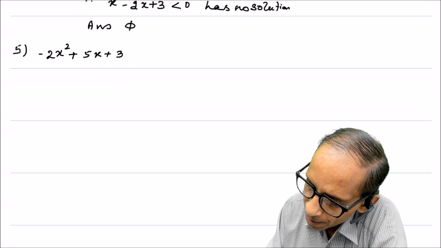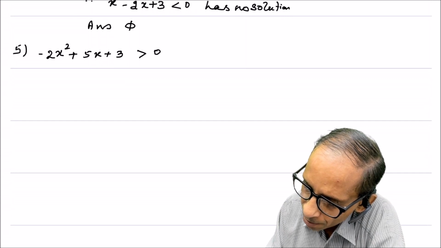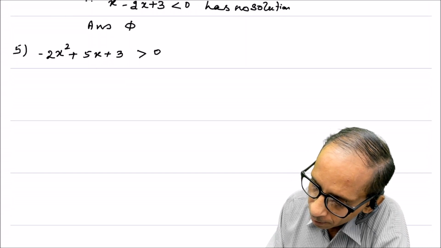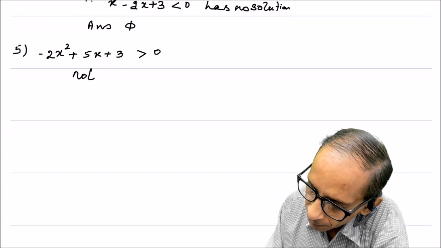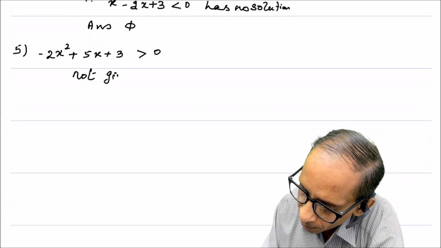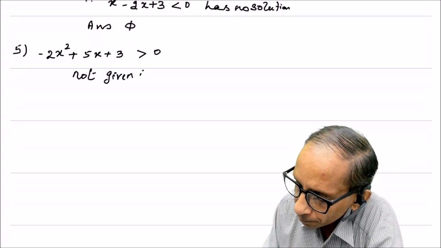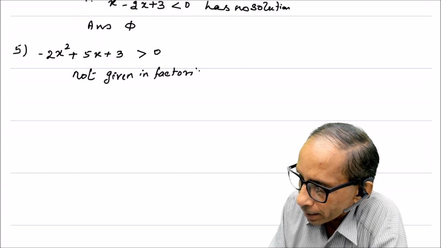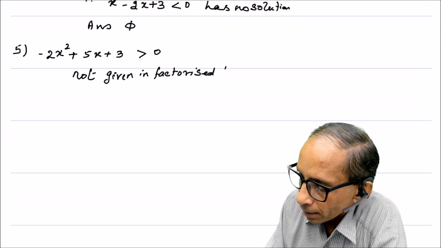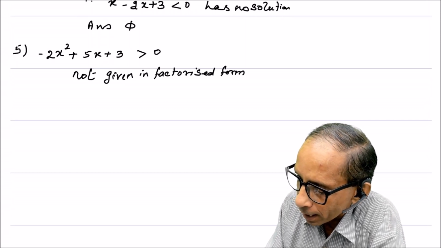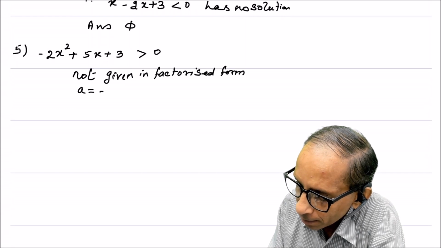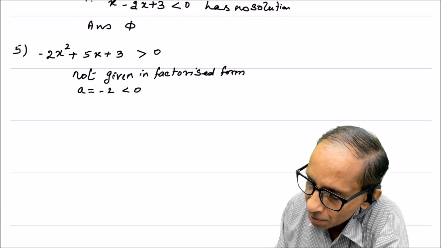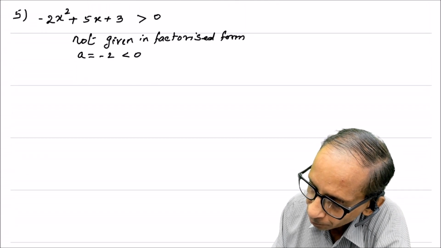We are given that this particular thing is greater than 0. Again, this is not given in factorized form. And what we notice is that the quadratic has a minus 2, negative, unlike the previous cases where it was positive.